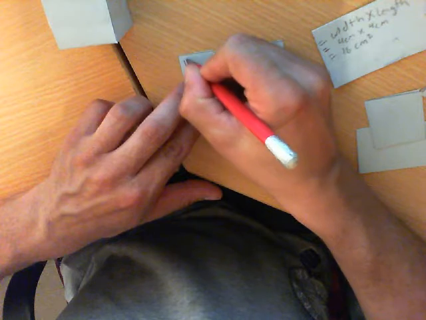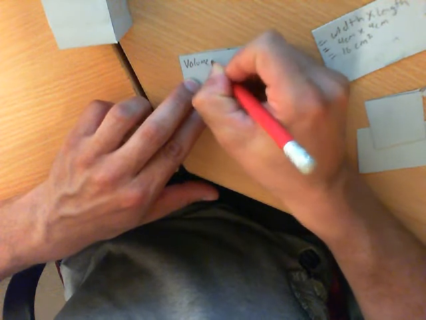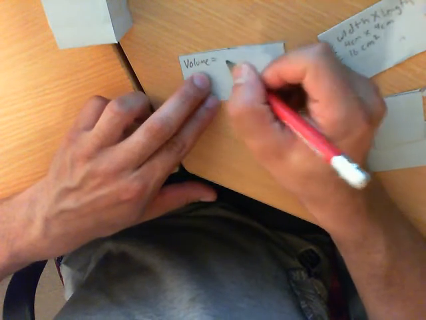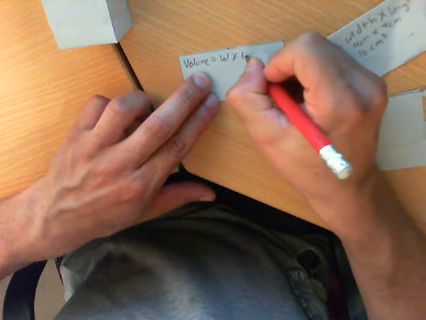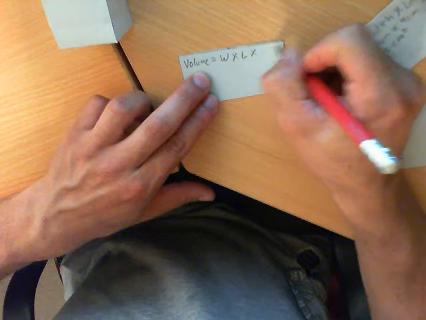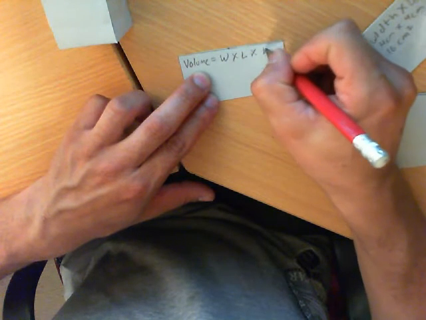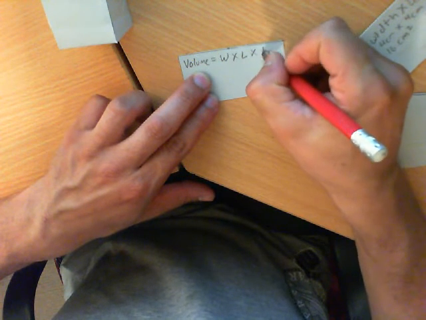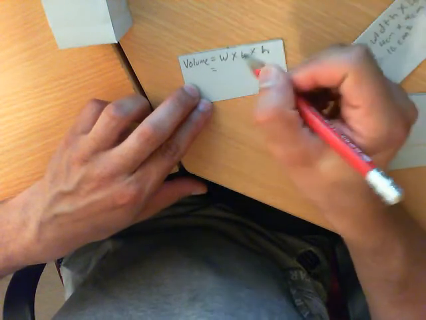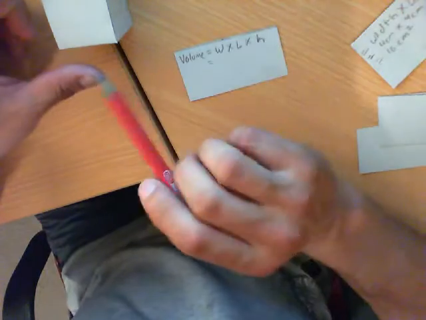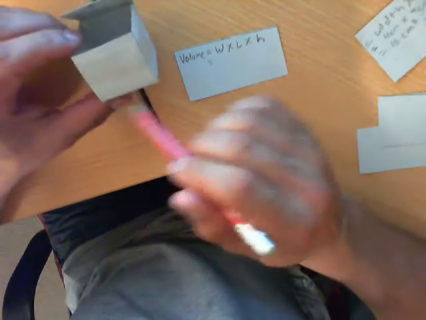So the volume is equal to the width times the length times the height. Okay, you can represent height with h. Now we know that this cube has the same dimensions, 4 centimeters all around.